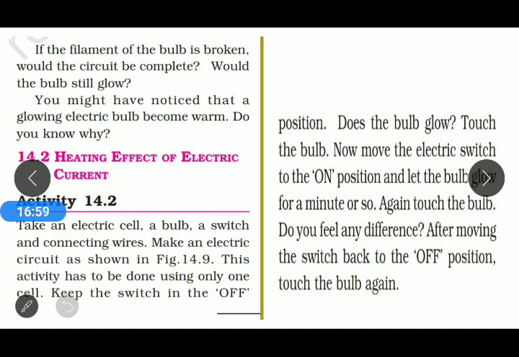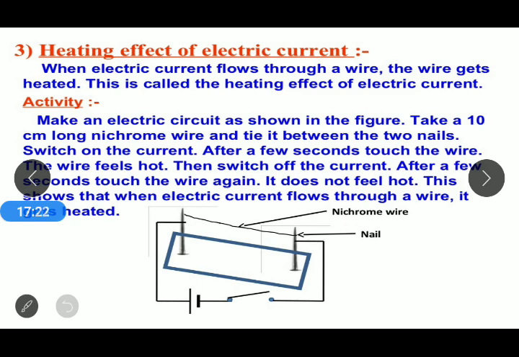Again, we move the switch back to the off position and touch the bulb. Even after we switch off the bulb, we still feel some warmness in it. What is the reason why this happens?